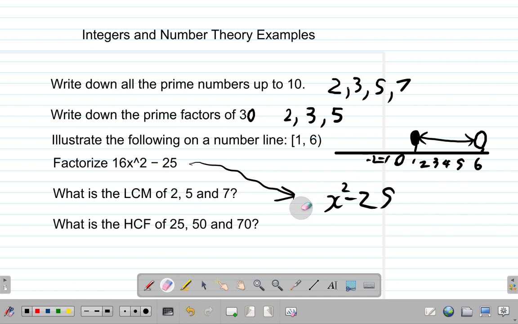Or if I had 5x squared minus 25 here, or better yet, not 5x squared minus 25.